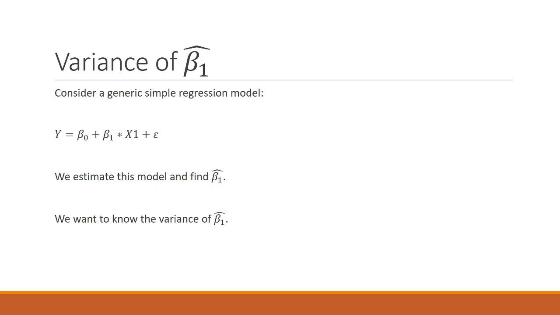Let's review. Consider a generic simple regression model. We've got a dependent variable, an independent variable, an error term, and of course we're interested in estimating the coefficient beta 1. We estimate this model and find beta 1 hat. We want to know the variance of beta 1 hat.